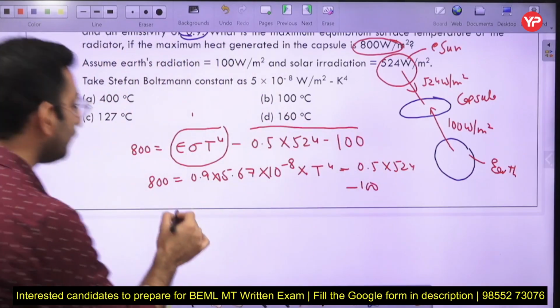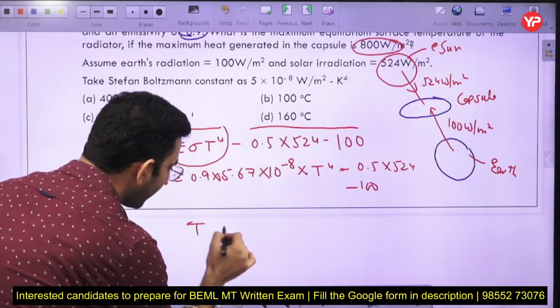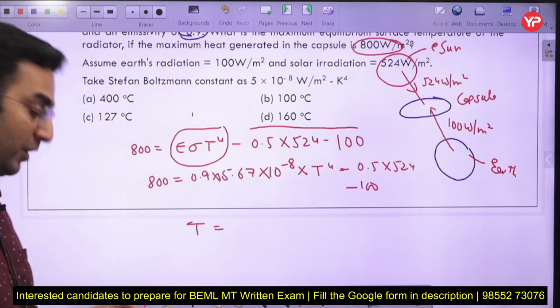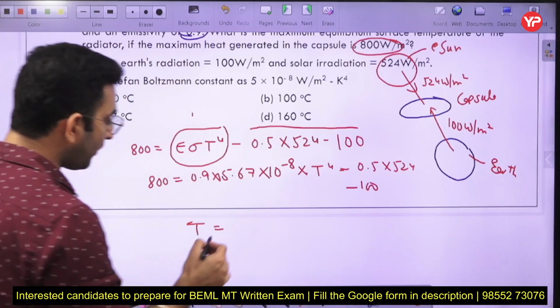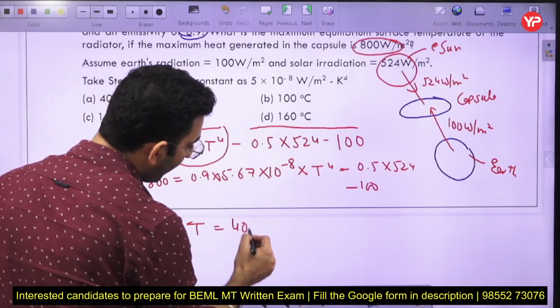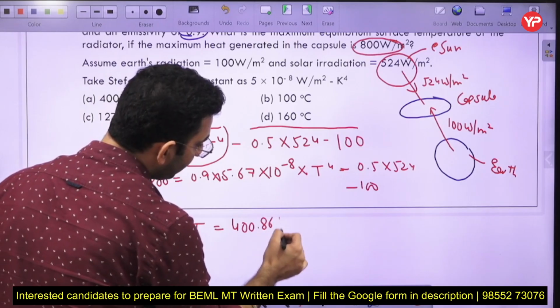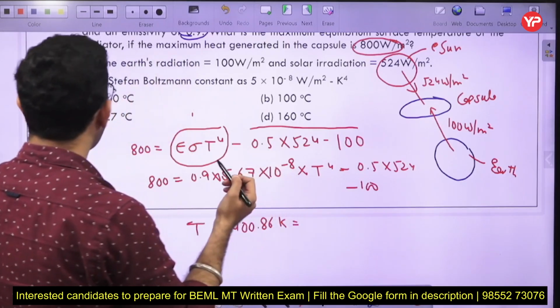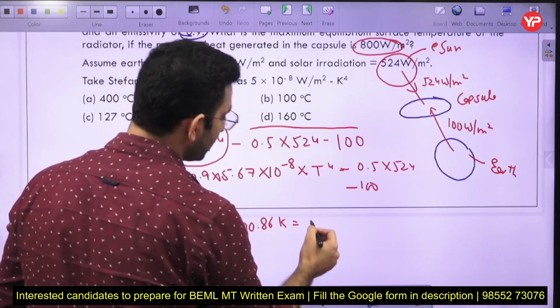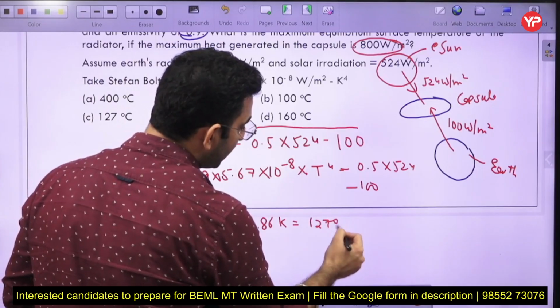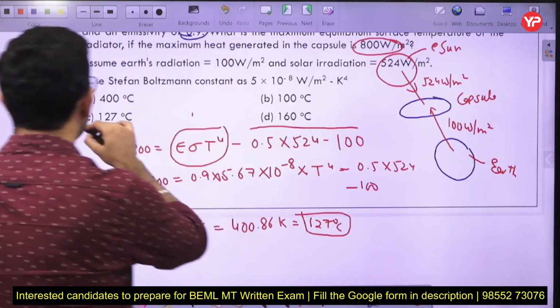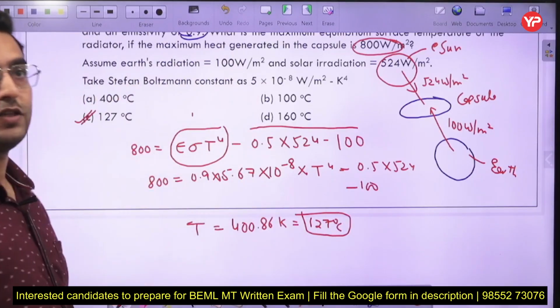Just do the calculation here and you will get the final answer of the absolute temperature. In this case the final answer will come out to be around 400.86 Kelvin, and you have to mark the answer in degrees Celsius. So you can see 127 degrees Celsius will be the correct answer. So option number C will be the correct answer of this question here.